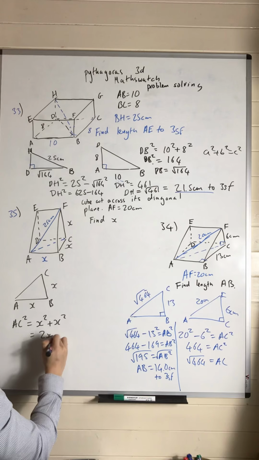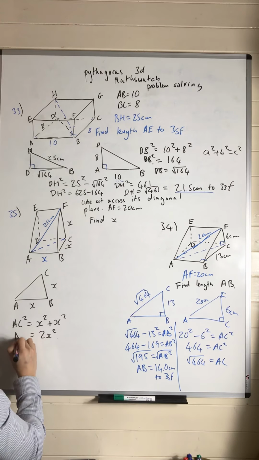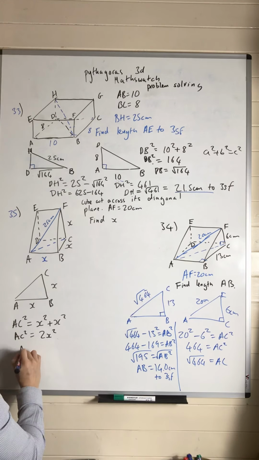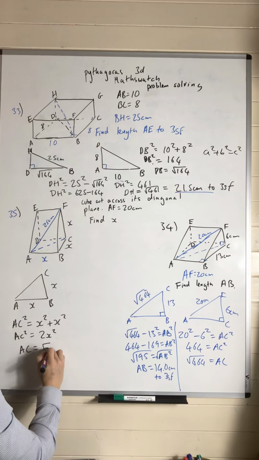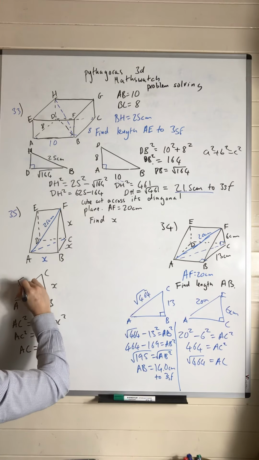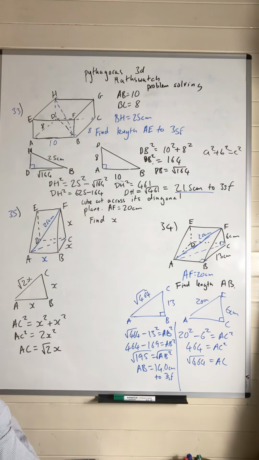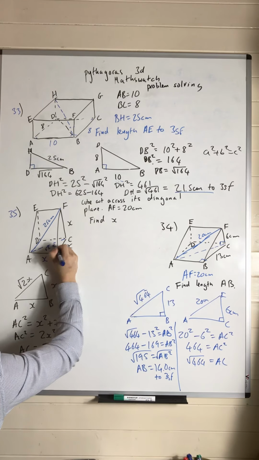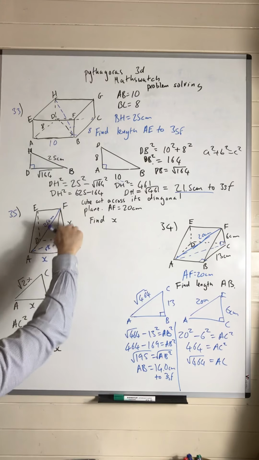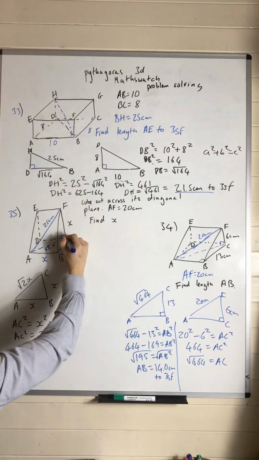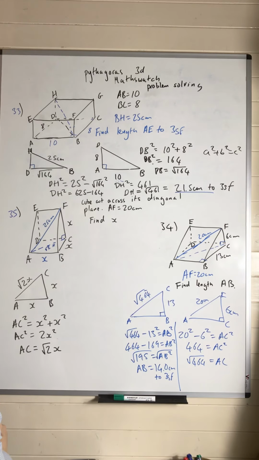So that is 2x squared equals AC squared. Square root both sides, so AC is going to equal root 2 x. So we can find the value of x by using Pythagoras, because Pythagoras theorem works for any right angle triangle.